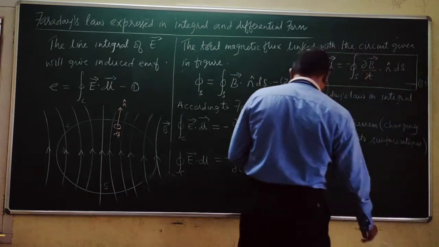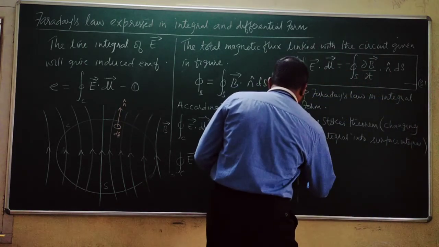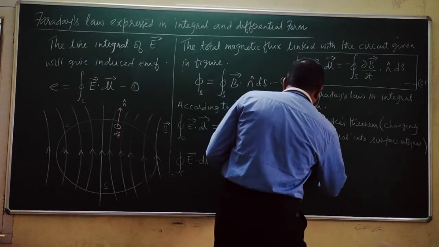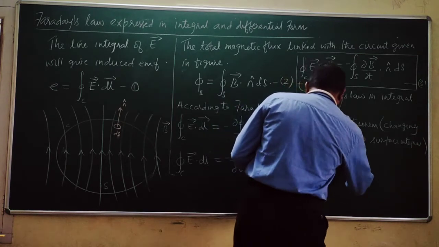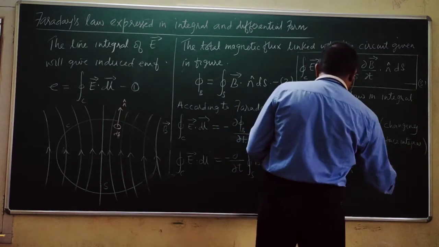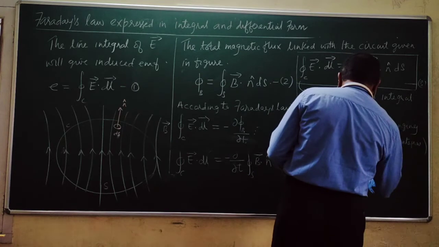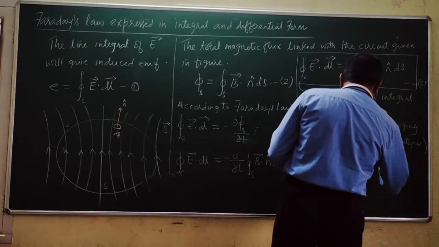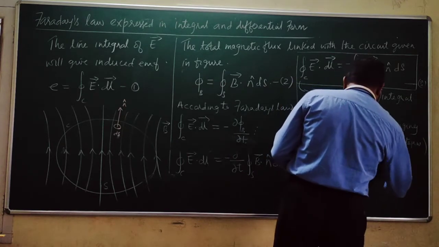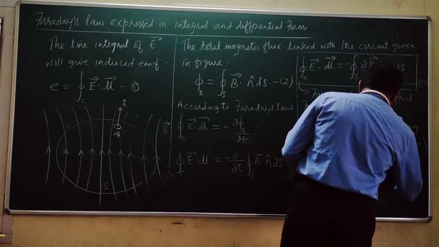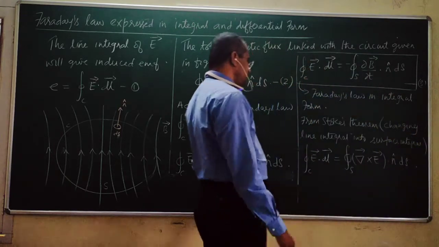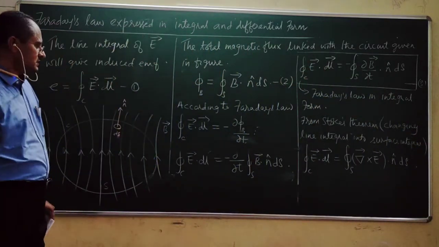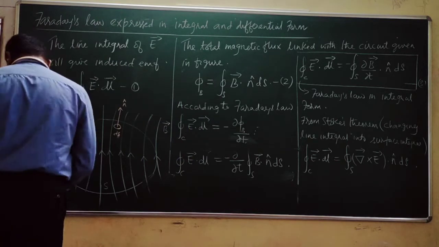Okay? Line integral of E vector dot dl, this, according to the theorem, can be written as del vector cross E vector dot n cap ds. Is that okay to you?